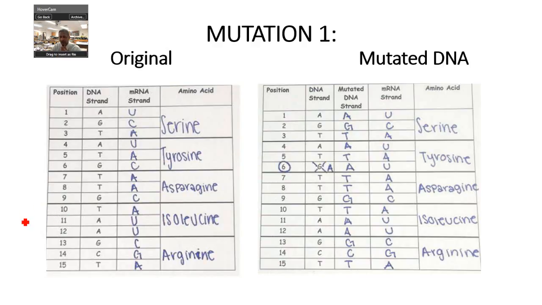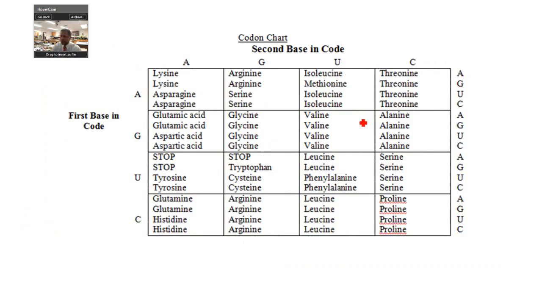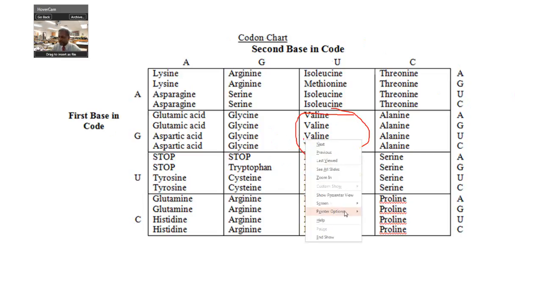Look at your codon chart. See this? Let's look at valine, for example. They all are GU, but they could be any of the 4 other bases. So a change in the third base of a codon sometimes produces the same amino acid.